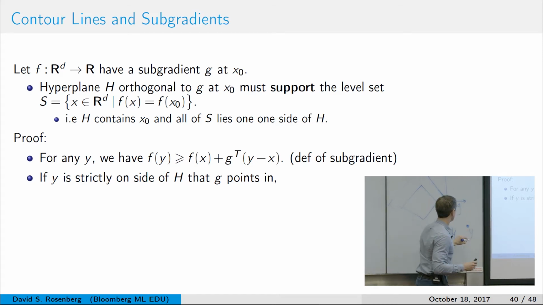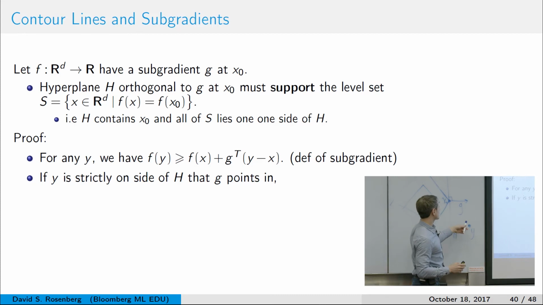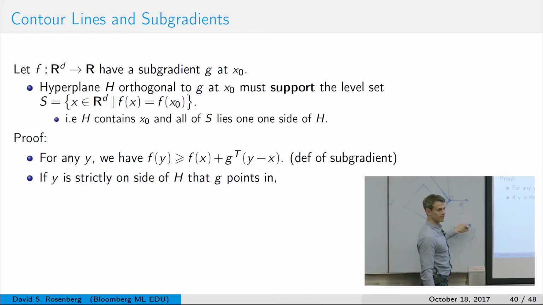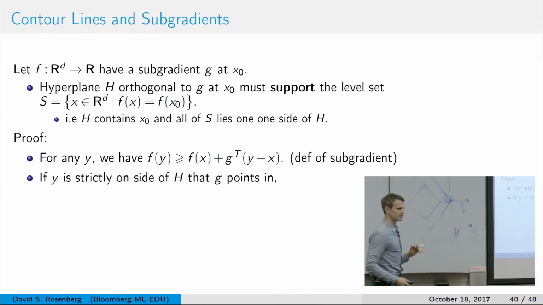So y is strictly on the side of h that g points into. Right? So g points over this way, and let's suppose we have a y over here. And the claim is that this won't work. The claim is that if there is a y on this side of h, then it can't possibly be in this level set. See why?